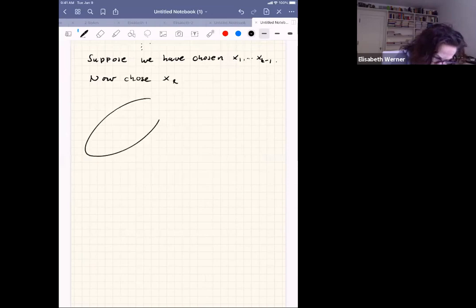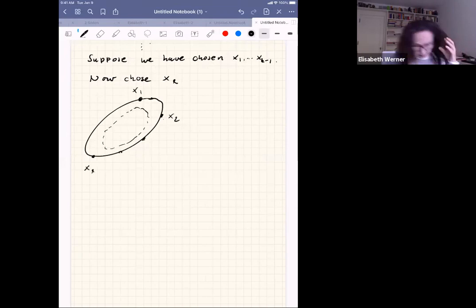So we'll have, again, our body, and we'll have the floating body inside. We have chosen x1, x2, and so on, and then we'll have xk minus 1 here.